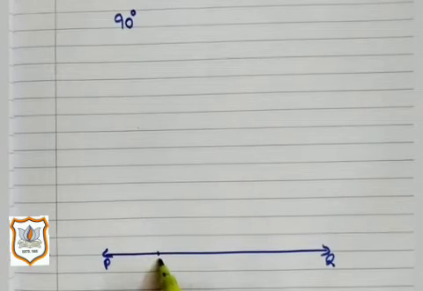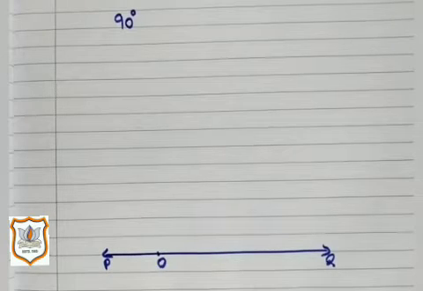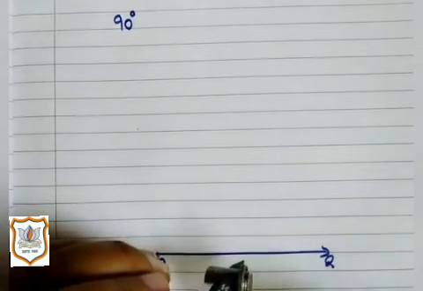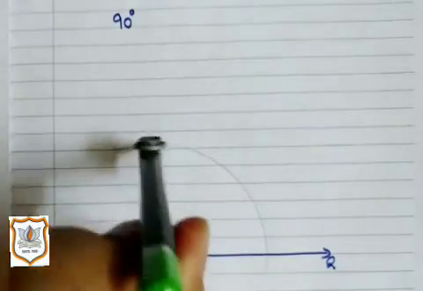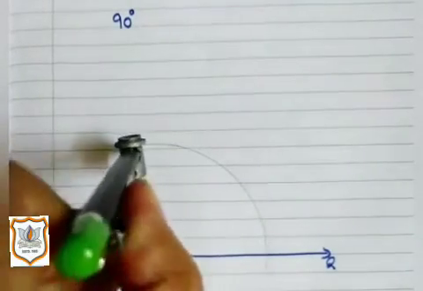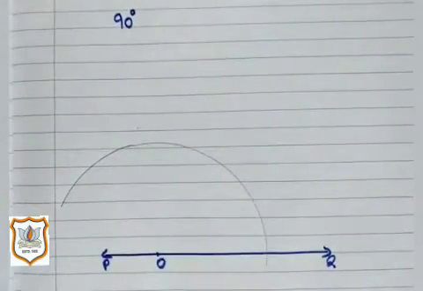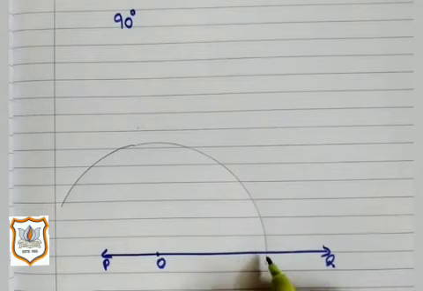So this is point O. Now we will take O as a center and with more than half of the length of OQ, draw an arc. Students, you can see here, this is the arc. This arc cuts the line PQ at point A.